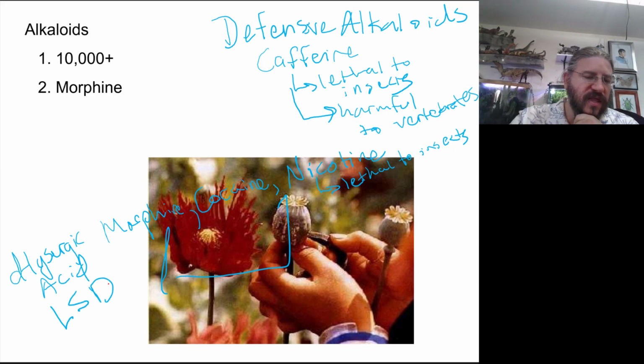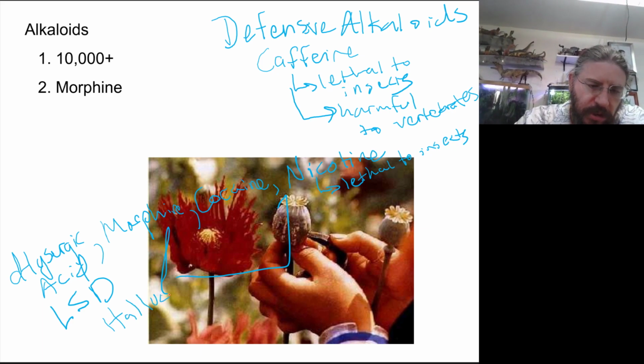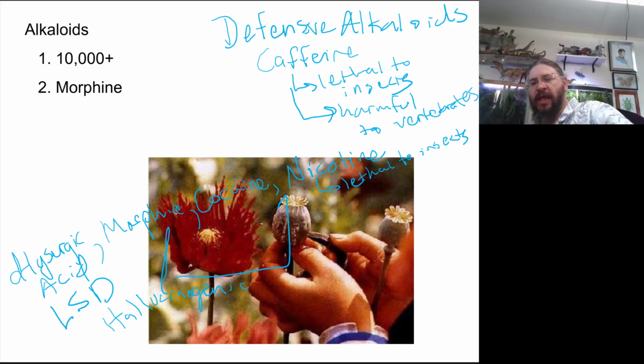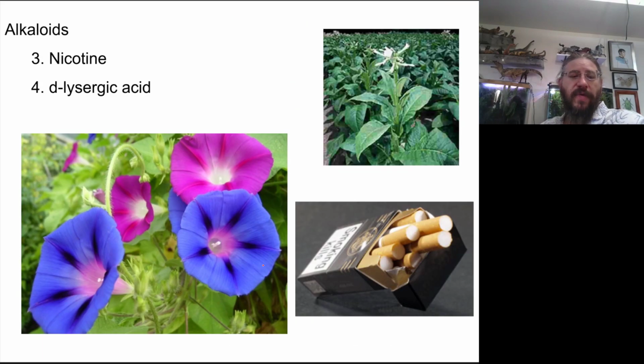So, lethal to insects, hallucinogen to many vertebrates. And again, if you're tripping, you're probably a lot more susceptible to predation. And if you're just eating plants, you're also very likely to eat too much and die too. So it's a bad way to go.